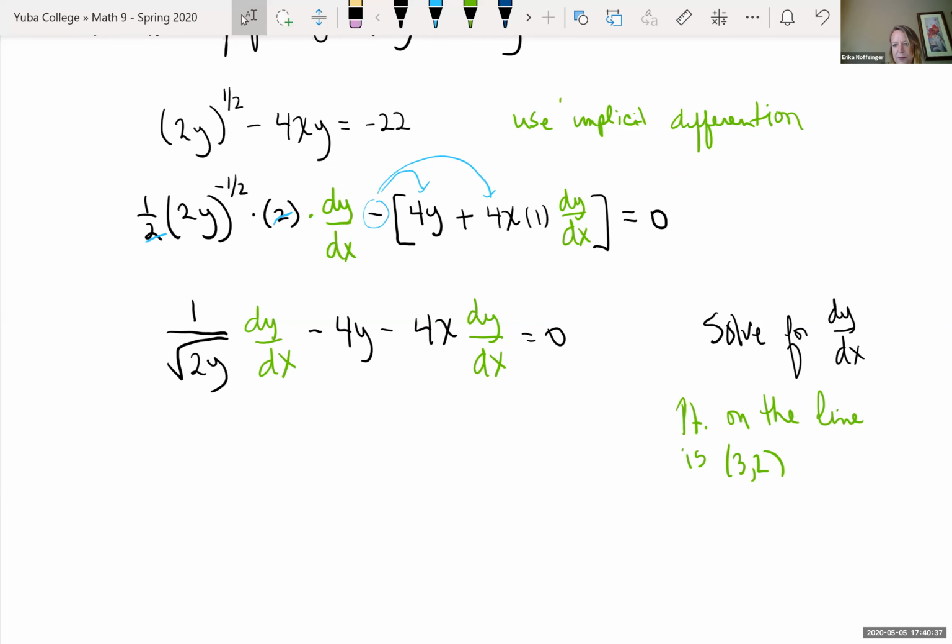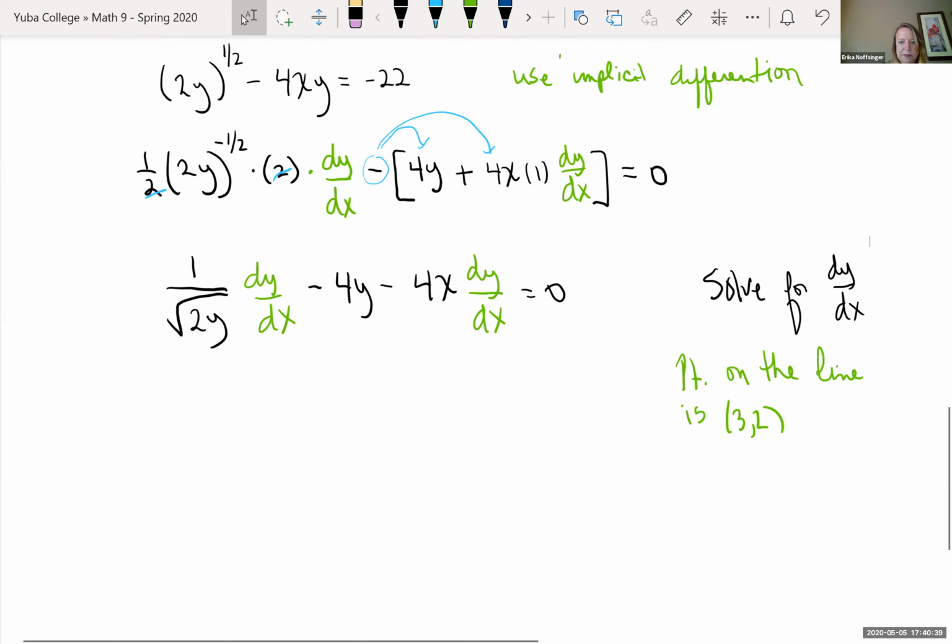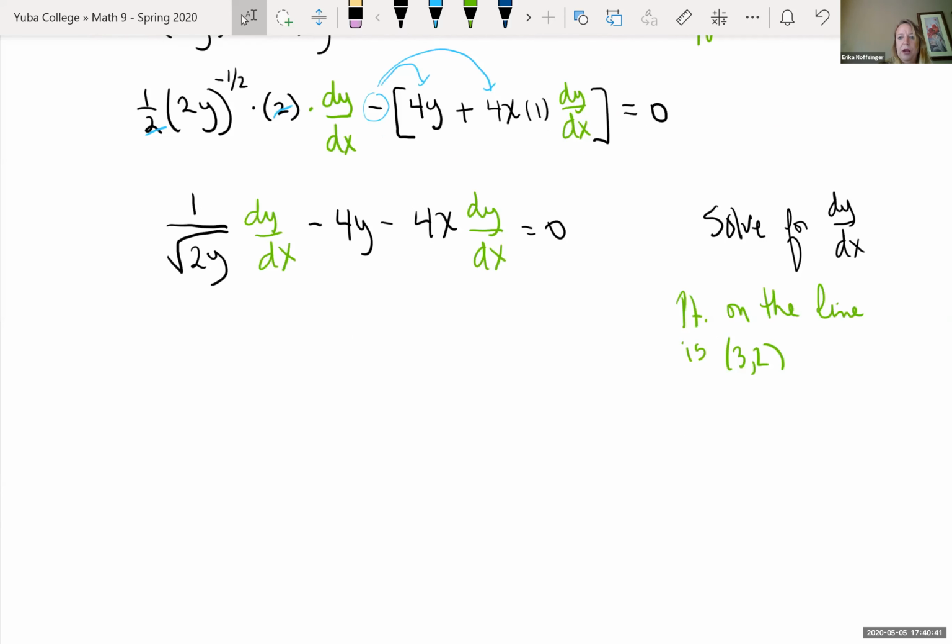Let's come back to this problem. We are going to go back in and plug in our values for x and y, and we're going to solve for dy/dx. We can do that now, or we can factor out dy/dx, get everything to one side, and then plug them in. Either way, it doesn't matter. I'm just going to plug them in now.